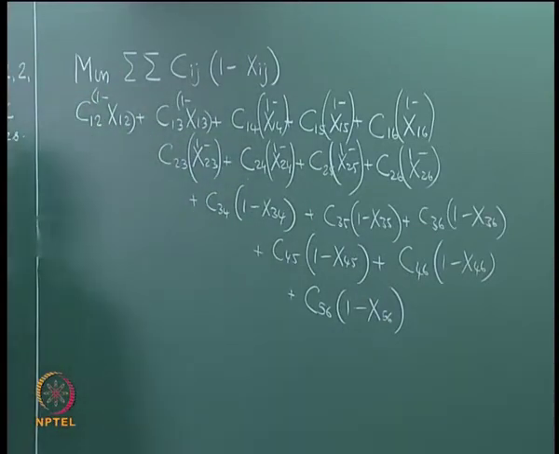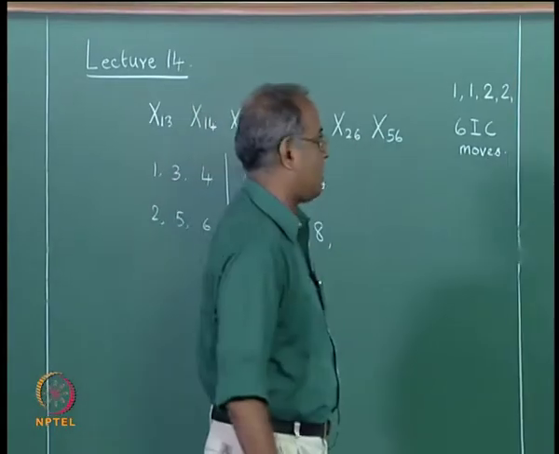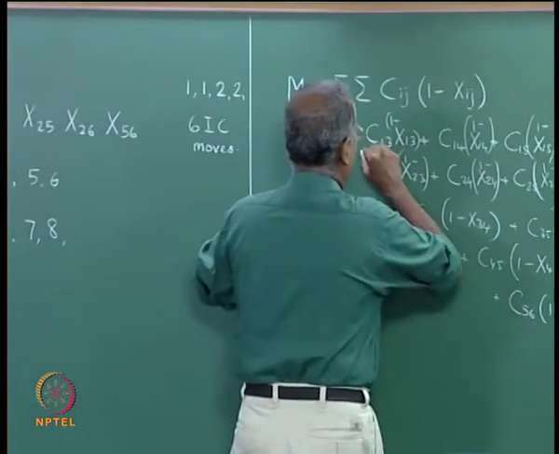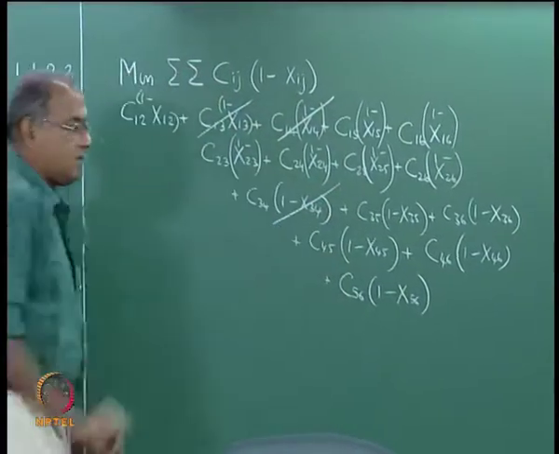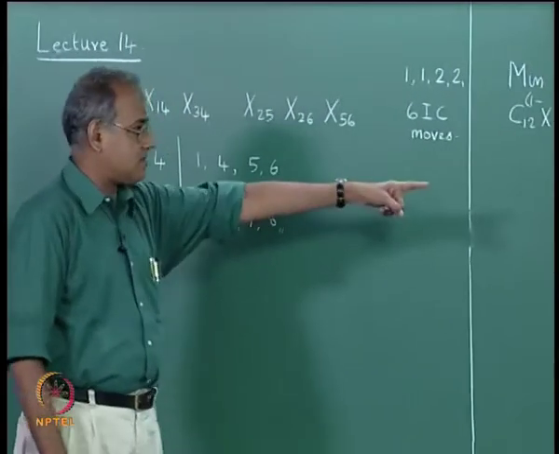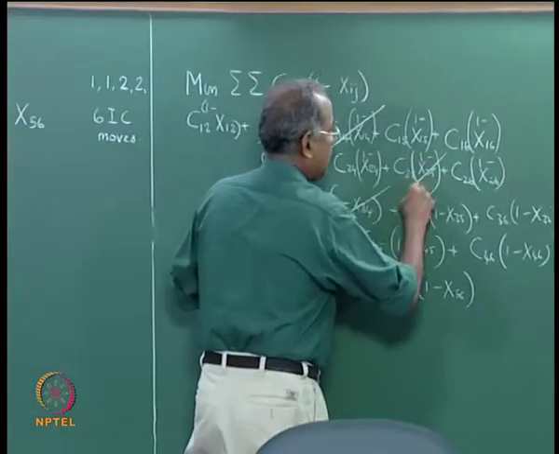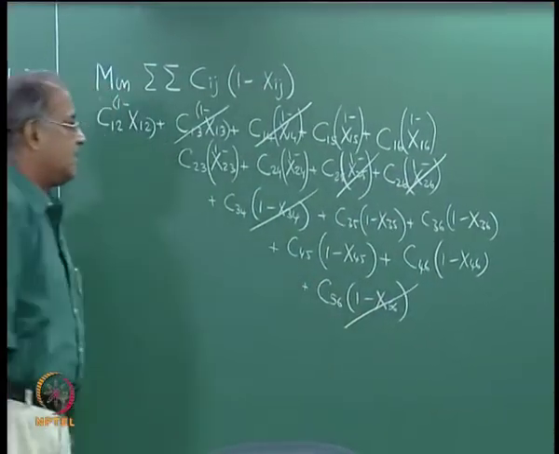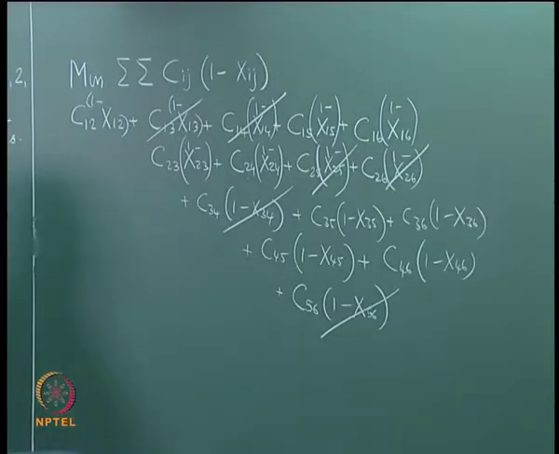So this is the objective function when expanded, there are 15 terms. Now from the solution we understand that x13, x14, x34 are 1, so the 1 minus x terms for these will be 0. So these terms will go, and there are 9 terms that will now contribute to the objective function.